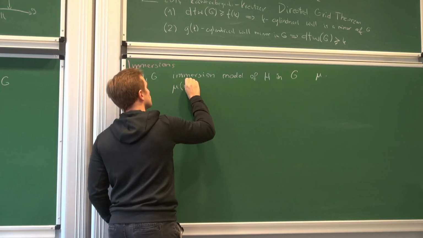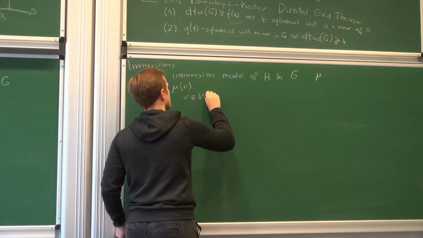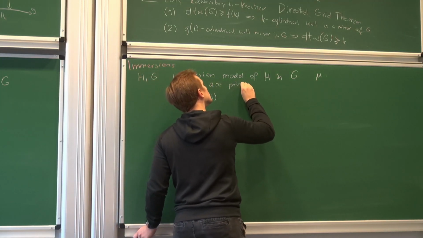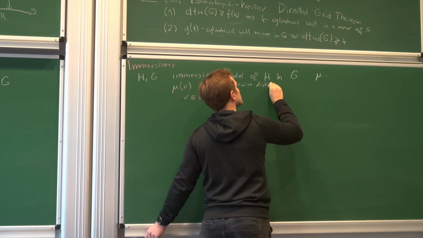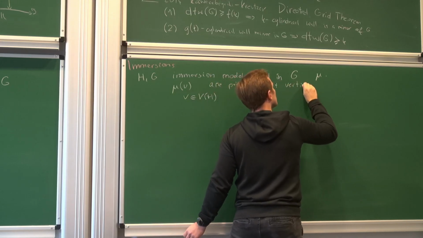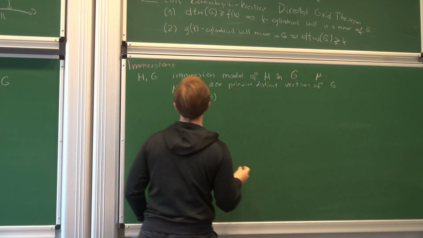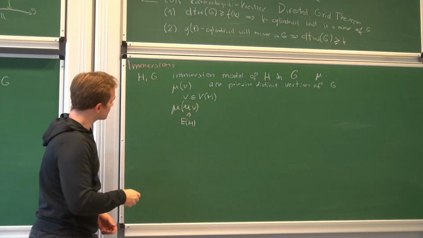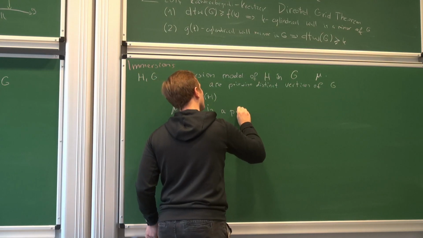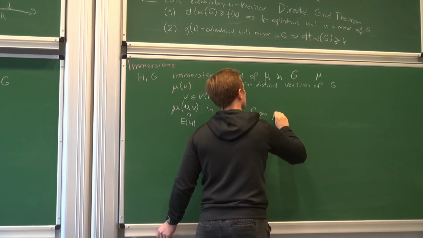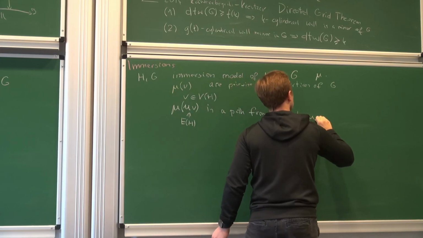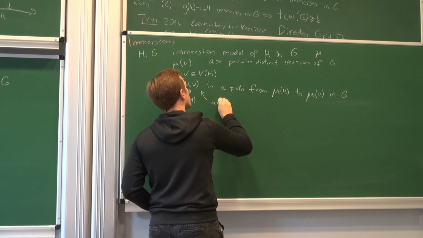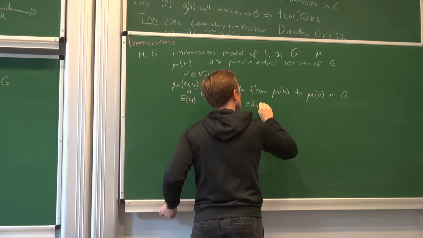So mu of v, where v is a vertex of the guest graph H, are pairwise distinct branch vertices of G, and mu of uv, where this is an edge of our graph H, is a path from mu of u to mu of v in G. And moreover, these paths taken as a whole are pairwise edge disjoint.